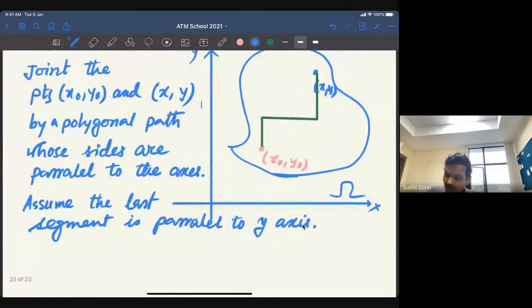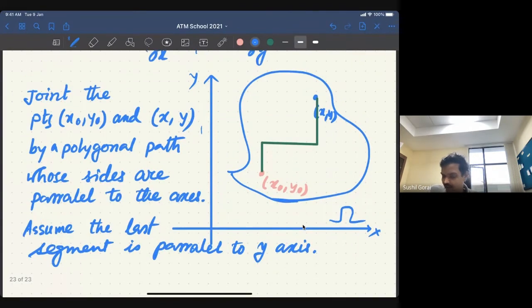Since it is an open set, we can take a small y-axis segment around at the end all the time. So we may not be able to do it with 3 segments, but we can do it with finitely many segments. That is always possible. All right?